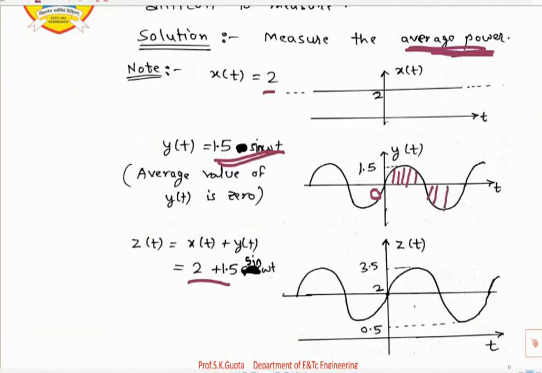The positive area is always the same as the negative area. Whenever I plot this type of constant with sine or constant with cosine type of signal, then the positive area is the same as the negative area. That's why its average value is 0. Very important. So sine function has average value 0 as well as cosine function has an average value 0.